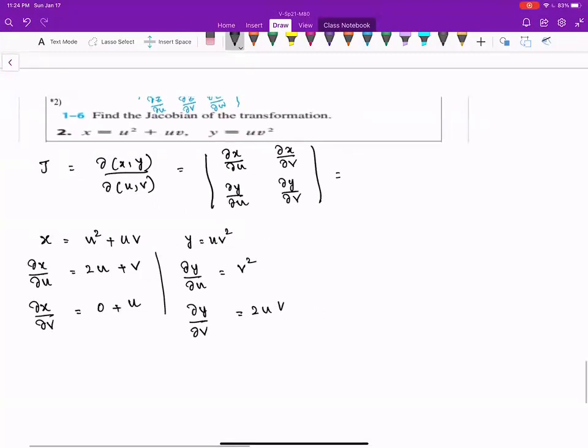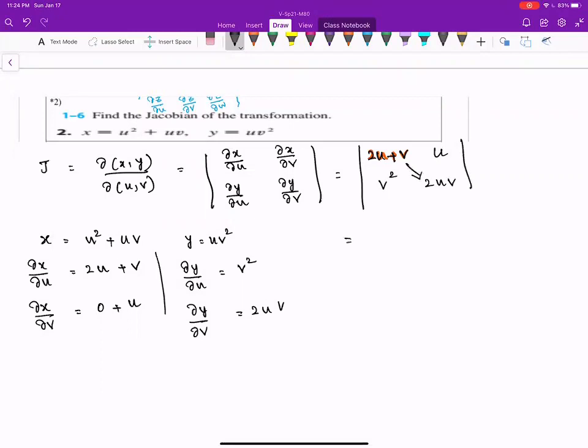So if we fill in these values into this determinant, we get 2u plus v, u in the first row, then v square, 2uv.